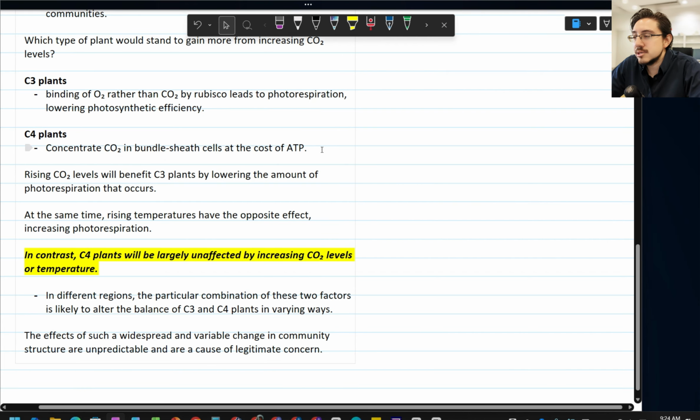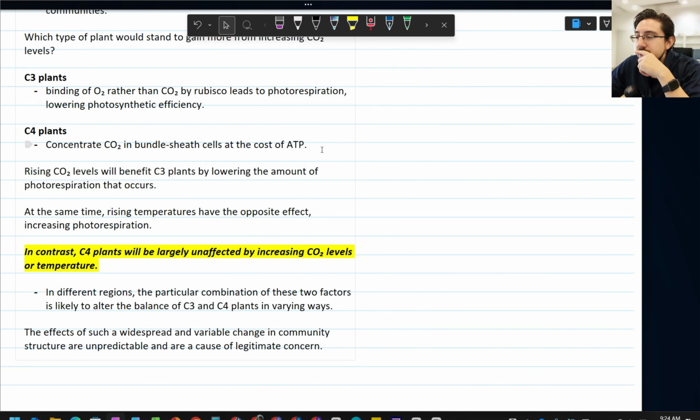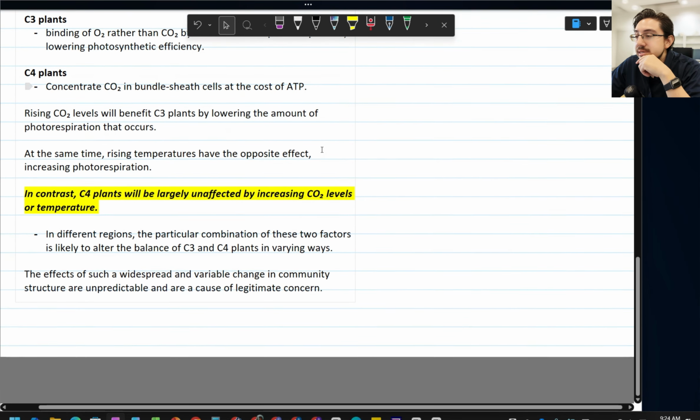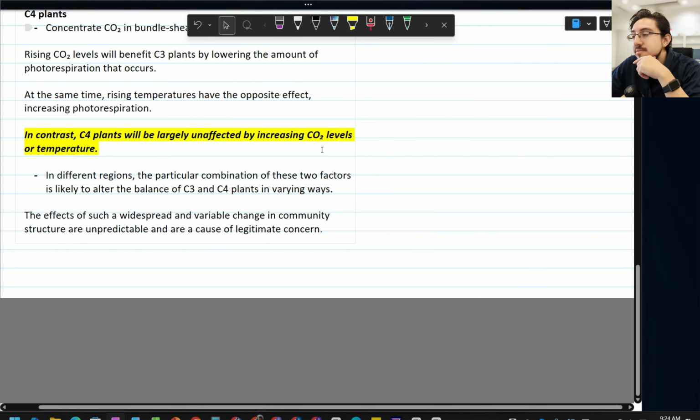So it's quite interesting what's happening there. Remember, we're talking about not just carbon dioxide levels, but also temperature and heat, where you have to close the stomata, right? So it's a problem, right? Rising temperatures can have the opposite effect, to increase photorespiration. Okay. Ultimately, amongst these two, C4 plants would largely be unaffected by increasing carbon dioxide levels.